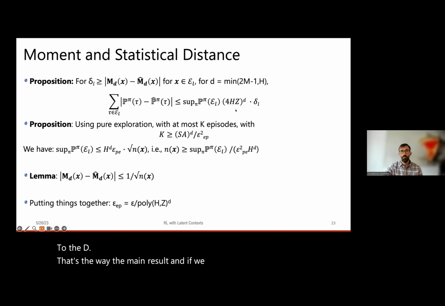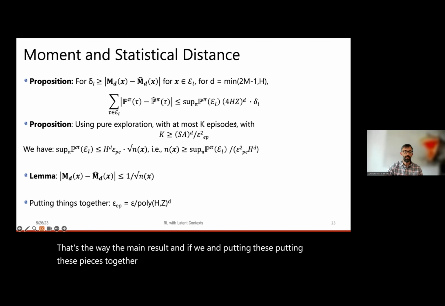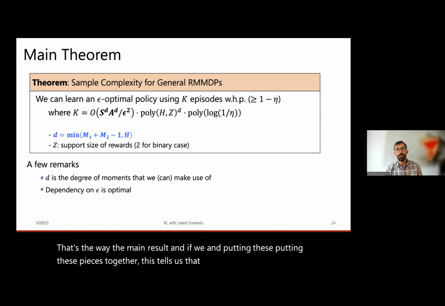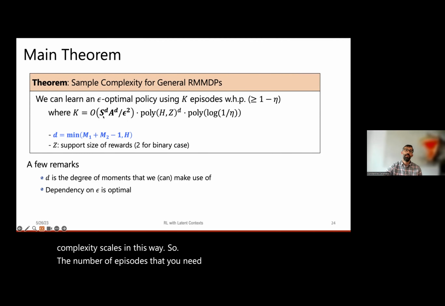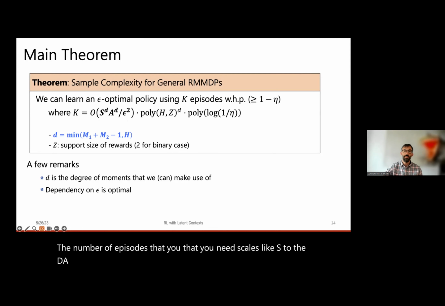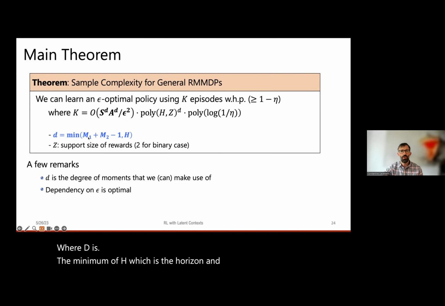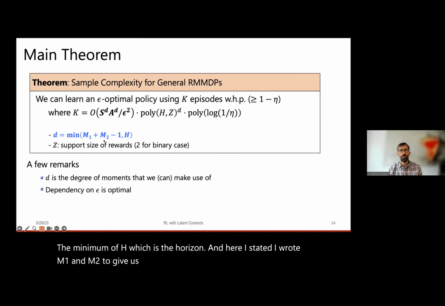And now putting these pieces together, this tells us that the general sample complexity scales in this way. The number of episodes that you need scales like S to the D, A to the D, where D is the minimum of H, which is the horizon, and here I wrote M1 and M2 to give a slightly more general result. M was the number of latent states.